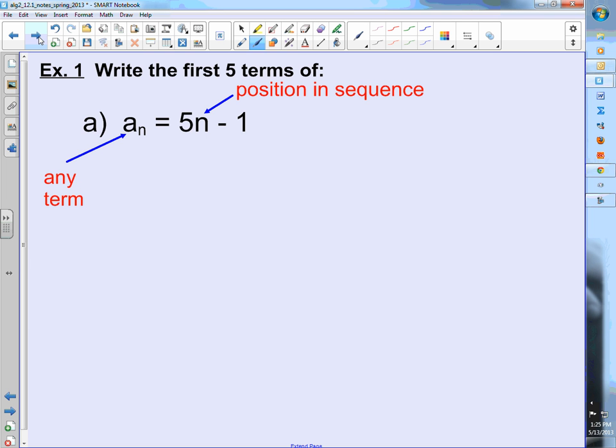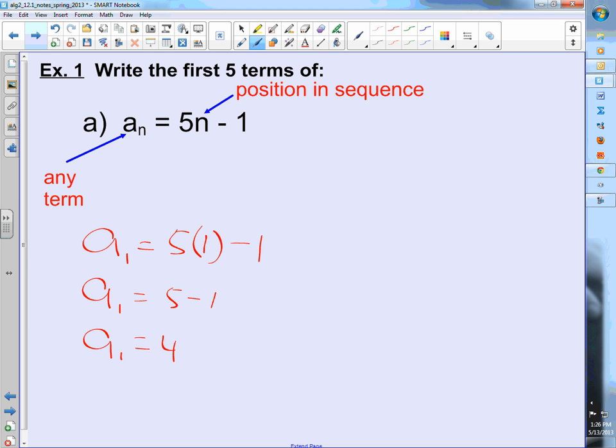A sub n is the term you're looking for, and n is the position. The first term in this sequence would be A sub 1, and you can find it simply by putting in a 1 where the n is. So A sub 1.